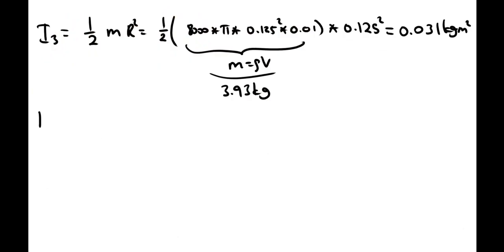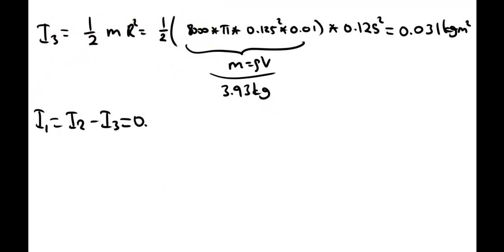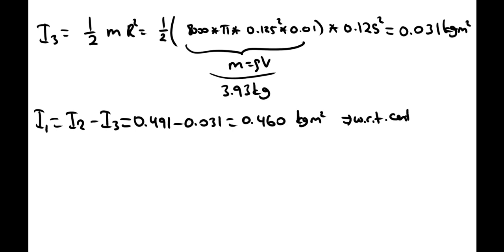Then I1 will be I2 minus I3, that is 0.491 minus 0.031, which is 0.460 kilograms meter squared with respect to the central axis.